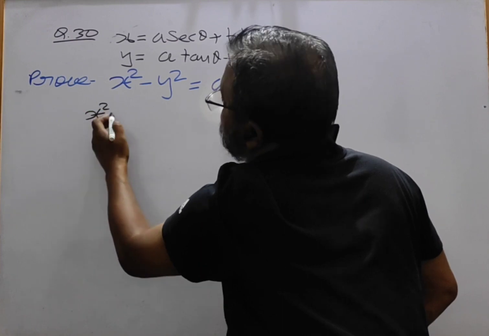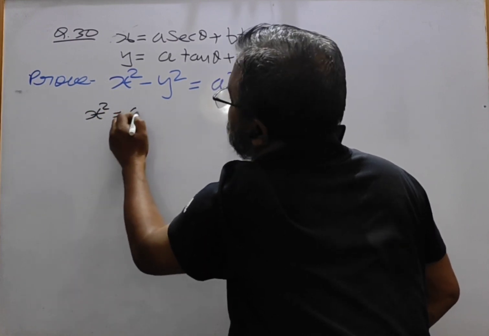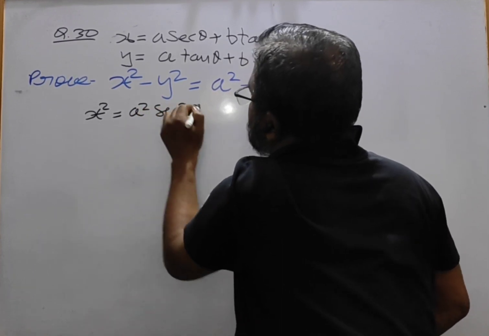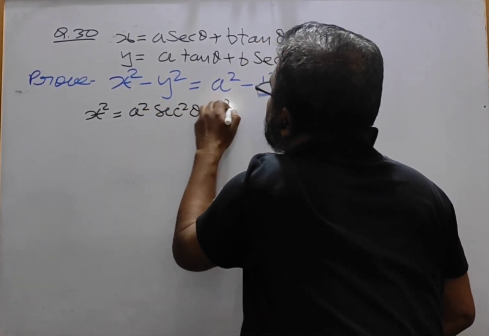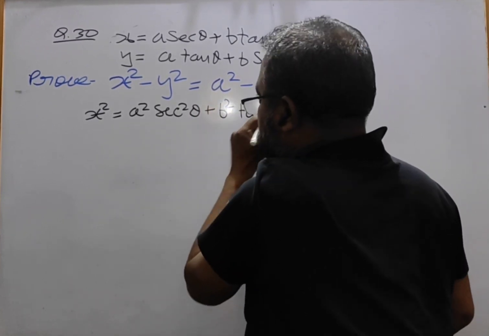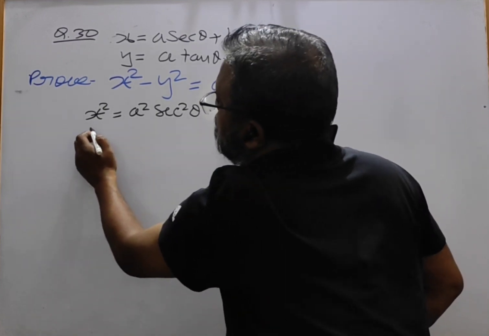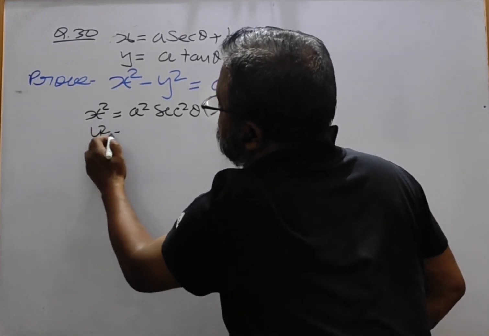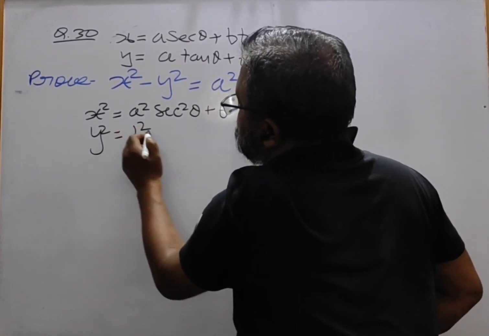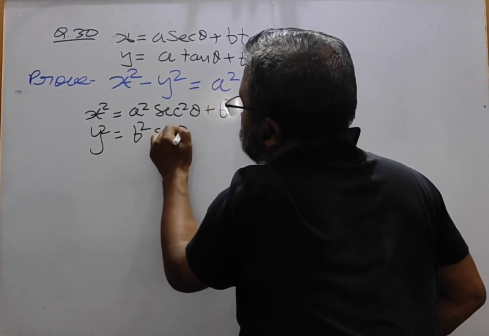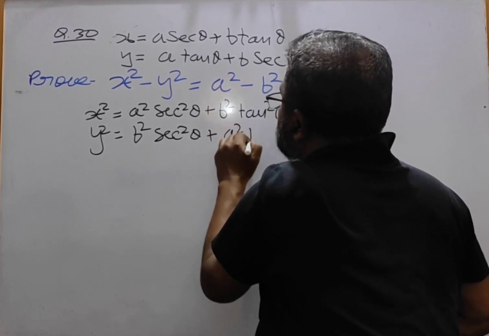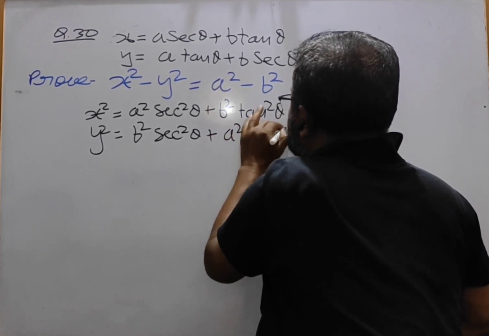x squared is equal to a squared sec squared theta plus b squared tan squared theta, right? And y squared is equal to b squared sec squared theta plus a squared tan squared theta.